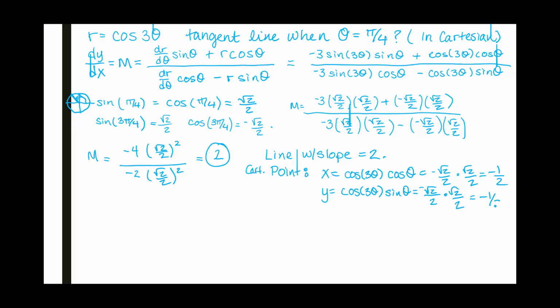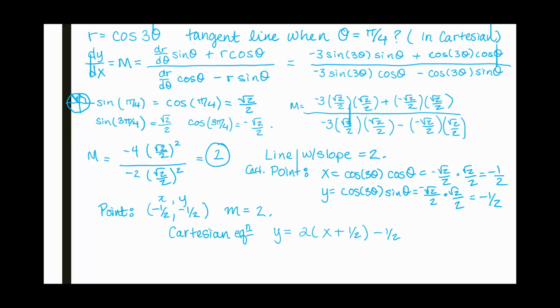Once again, we get negative 1/2. So we have the point negative 1/2, comma, negative 1/2 in Cartesian. This is x comma y. And we have the slope, 2. So as a Cartesian equation, it would be y equals 2 times x minus a minus half, which is x plus a half, minus 1/2.